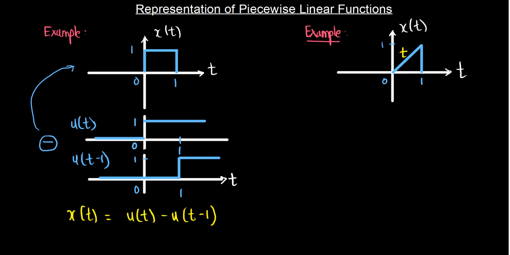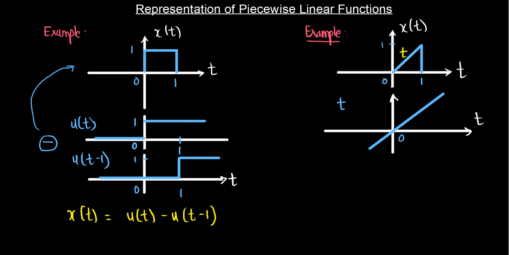Now you can observe here that this signal that is being given can be thought of as a multiplication of, say, if you have the signal t that is everlasting, so let this signal be t, and we can see that we can obtain this signal.